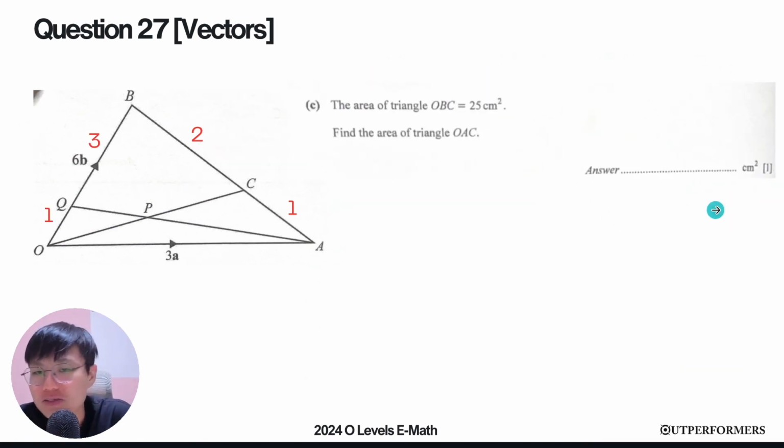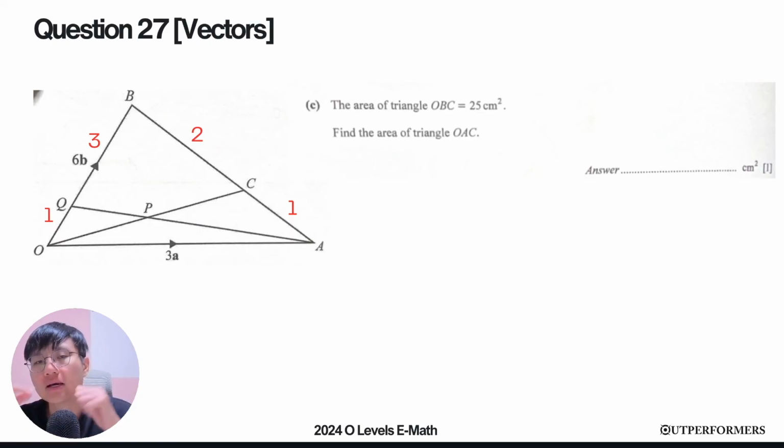On to the final part. We are given that the area of triangle OBC is 25 cm squared, and the question wants us to find the area of OAC. Every time we are looking at vectors with area of triangle, we want to consider either one of these two things.